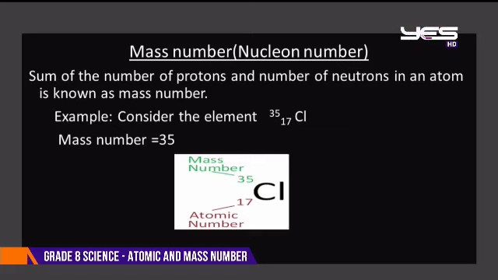Then what about 35? 35 is the mass number of chlorine atom. How to get that mass number? We have to add two numbers. One is proton number, and one more number we have to add, that is the neutron number. We have to take the sum of these two numbers, proton and neutron number. We will get which number? We will get the mass number.